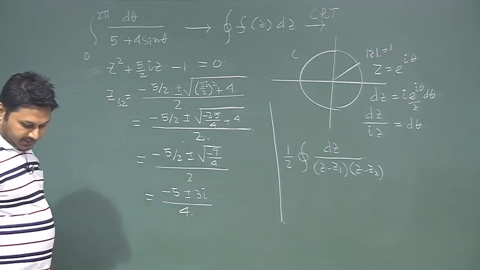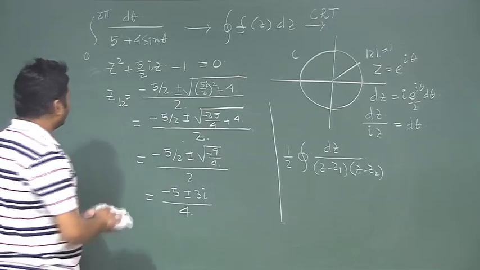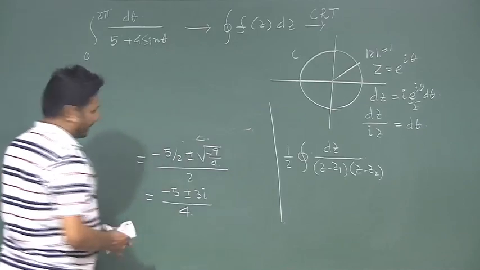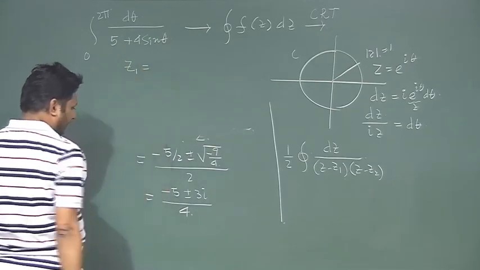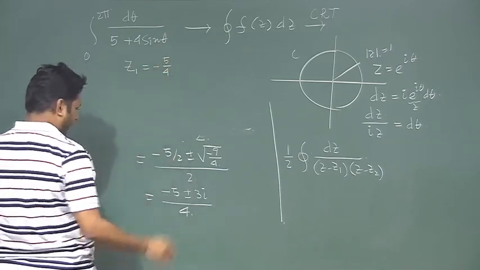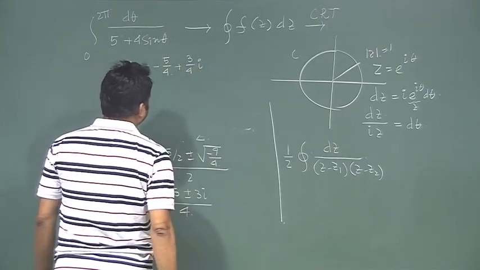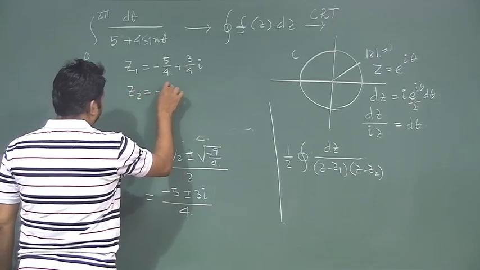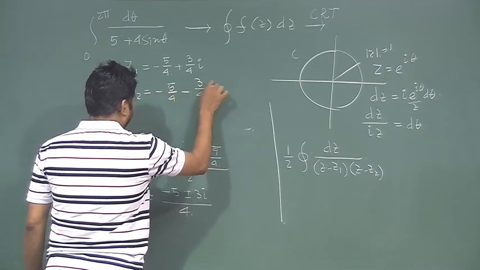So, my Z1 and Z2 I evaluate, let me write it here. My Z1 I evaluate as minus 5 by 4 plus 3 by 4 I, and my Z2 is minus 5 by 4 minus 3 by 4 I.